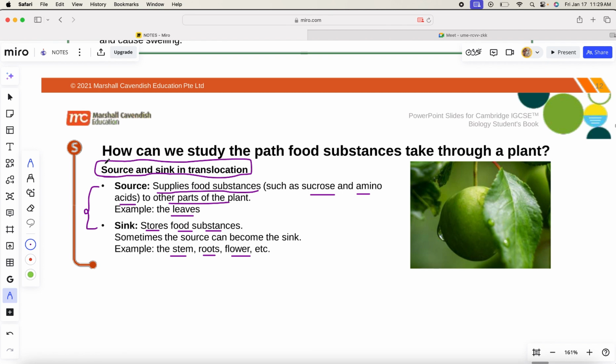You must mention the phloem tube, because you must state where the food is going to pass through. The transportation of organic substances such as sucrose and amino acids from the source through the phloem tube to the sink for storage. Is that okay? That's the definition of translocation.